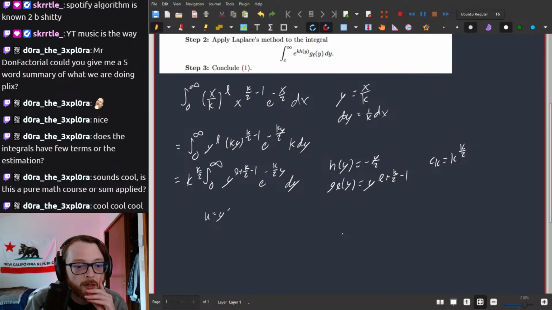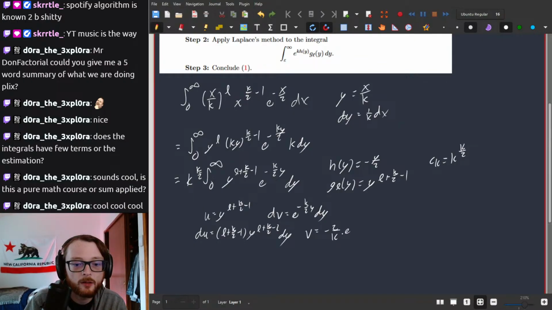u is equal to y to the L plus k over 2 minus 1. dv is e to the minus k over 2y dy. du is L plus k over 2 minus 1 times y to the L plus k over 2 minus 2 dy. v is equal to minus 2 over k e to the minus k over 2y.